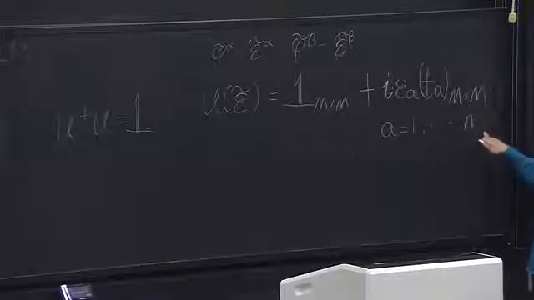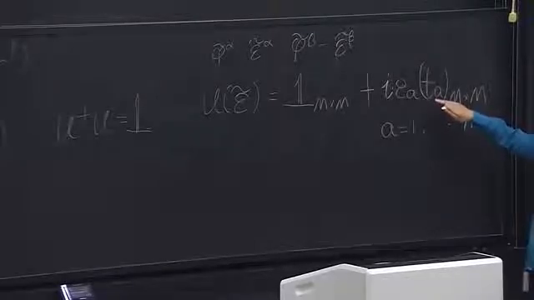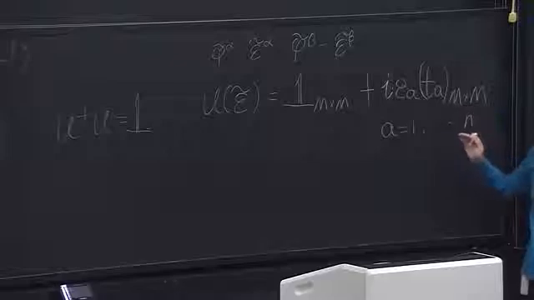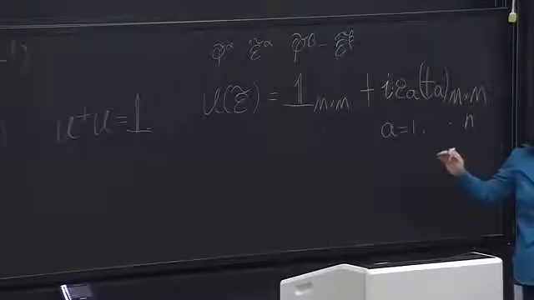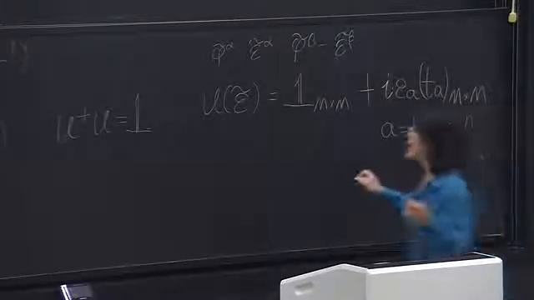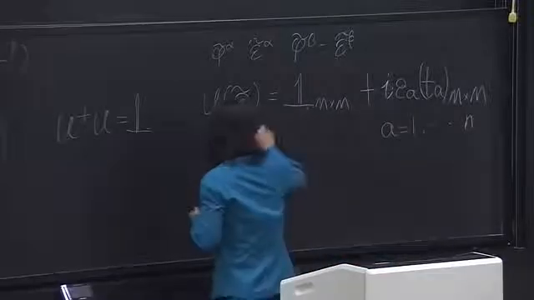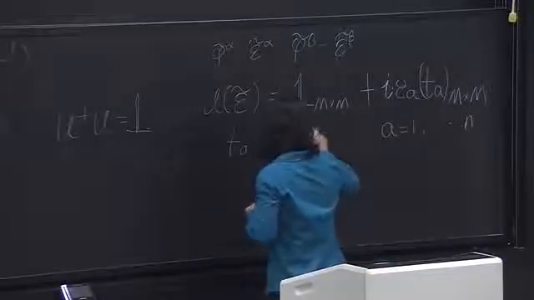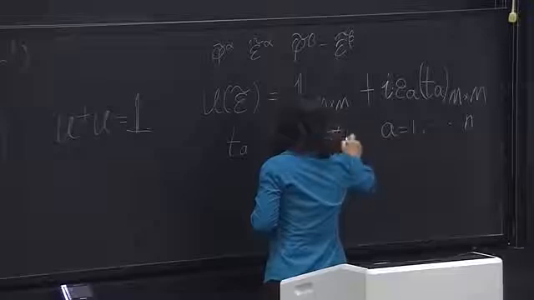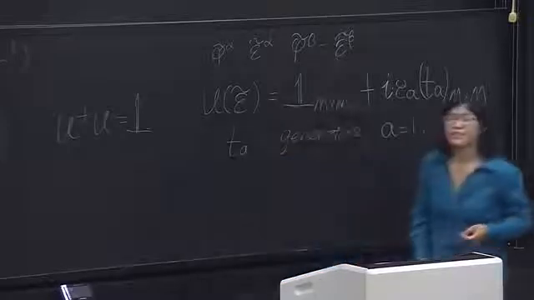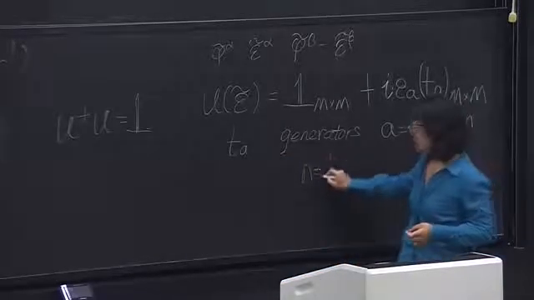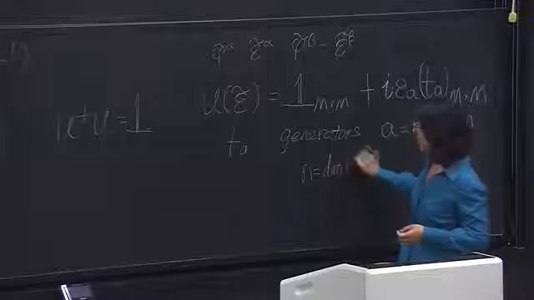What we know is that there are these n TAs that will generate the group, hence they acquire the name generators. So our letter N now acquires a new meaning. It's the dimension of the Lie group.